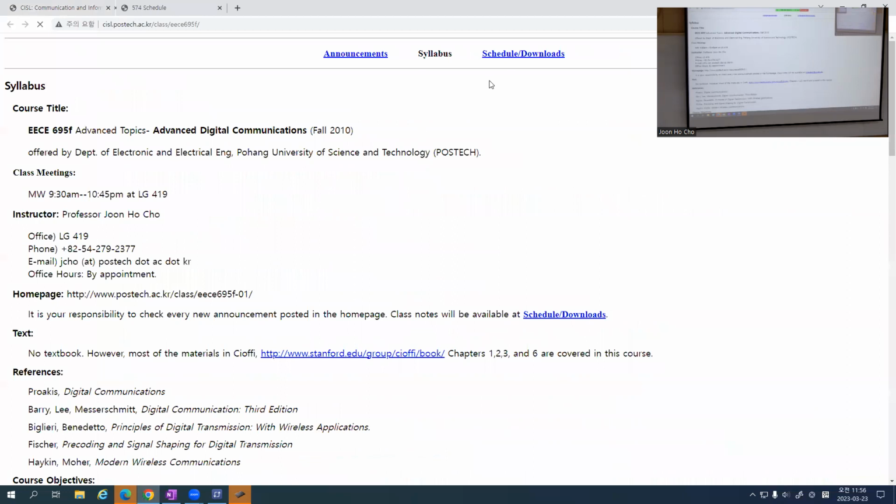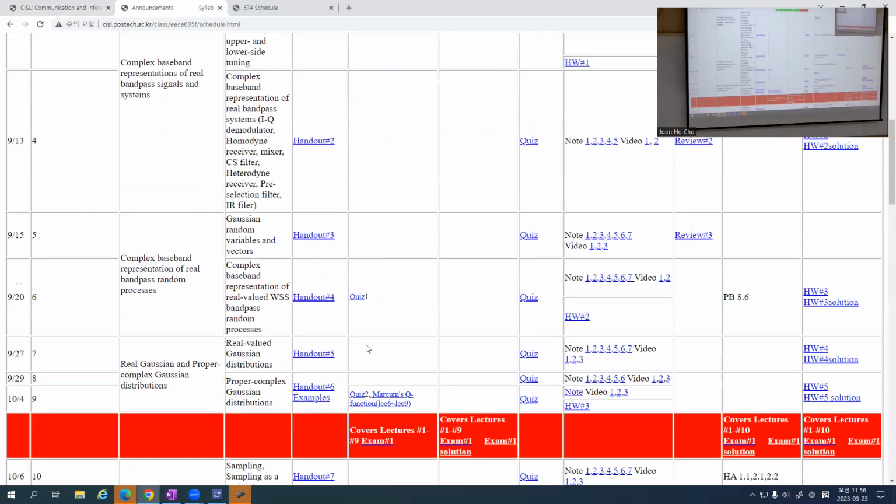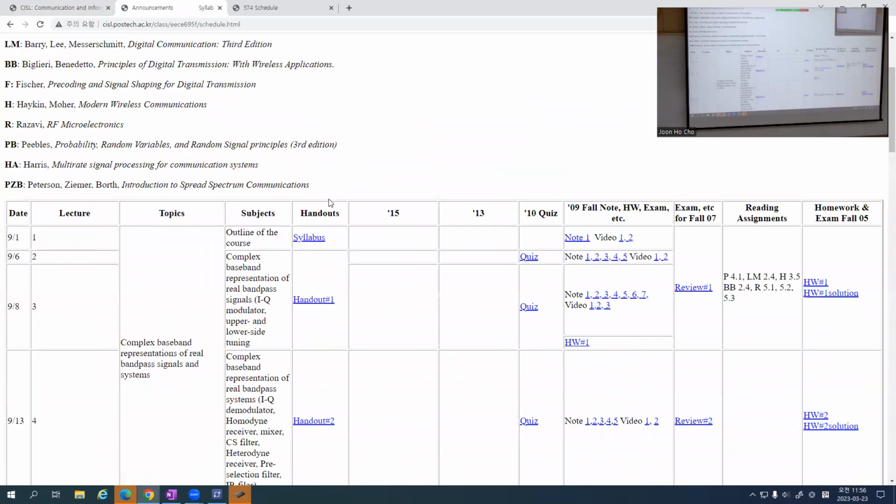Yeah, and go to schedule download. And you have handout 5 and even videos. Probably these are not all available, but anyway, that was long ago, 10 years ago, something like that.